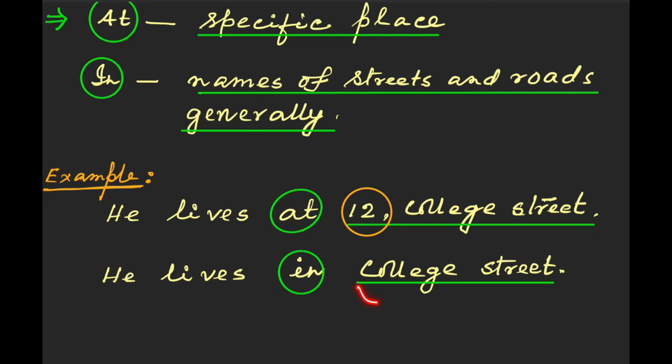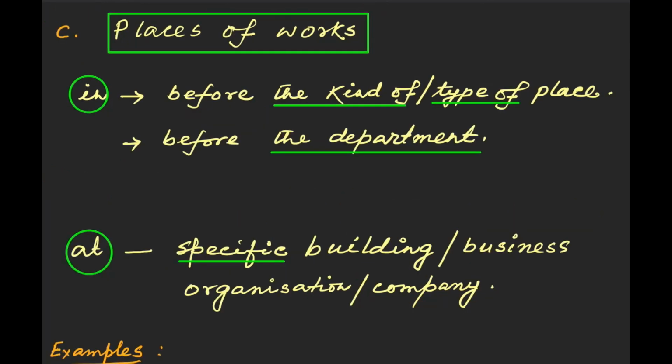Now we'll see how these two prepositions at and in are used before the places of work. In is used before the kind of or type of place and in is used before the department. And at is used before specific building, business organization and company.